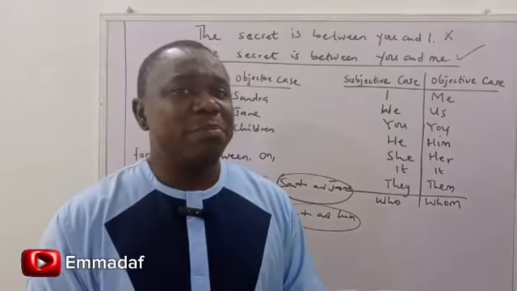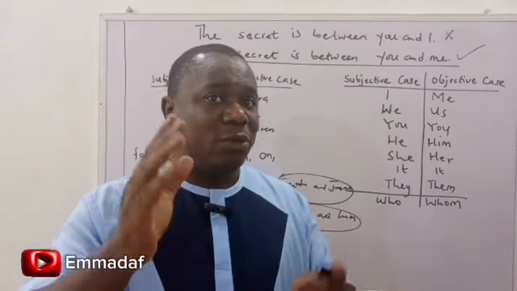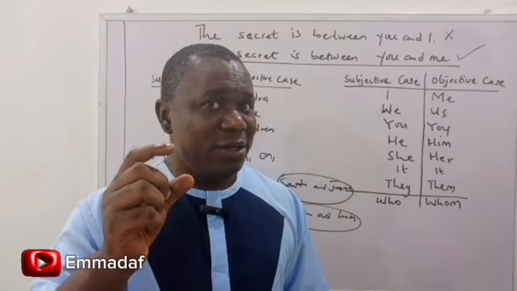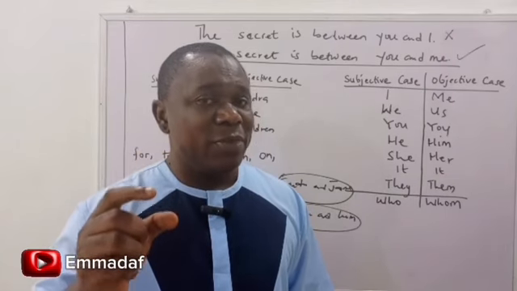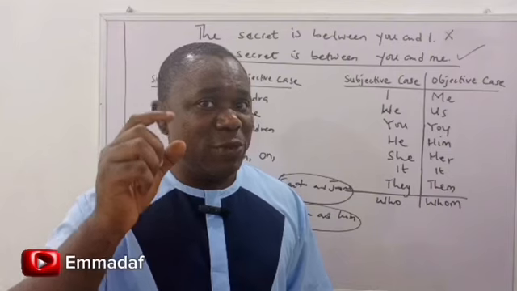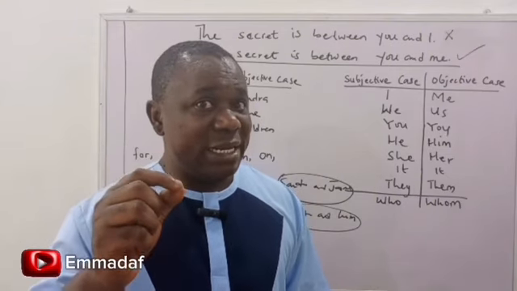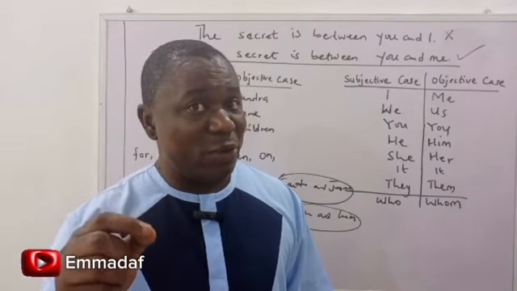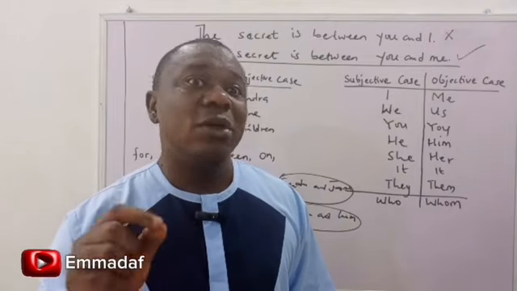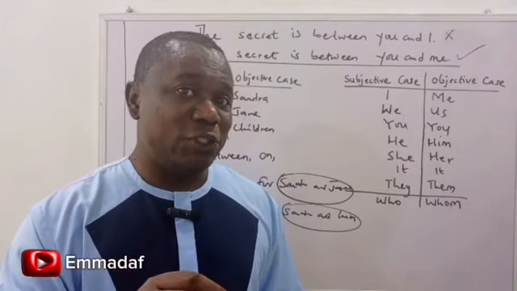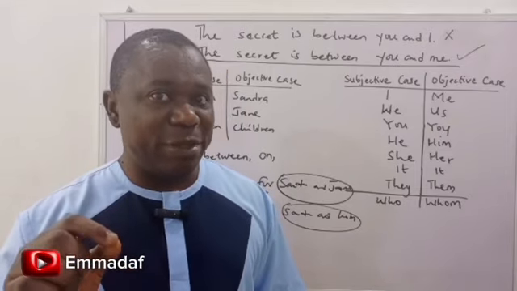So the important points you need to keep in mind. One, you need to be able to identify prepositions. Now, when you identify prepositions, you should know that the noun or the pronoun, the noun and the pronoun that follows a preposition is the object of the preposition.